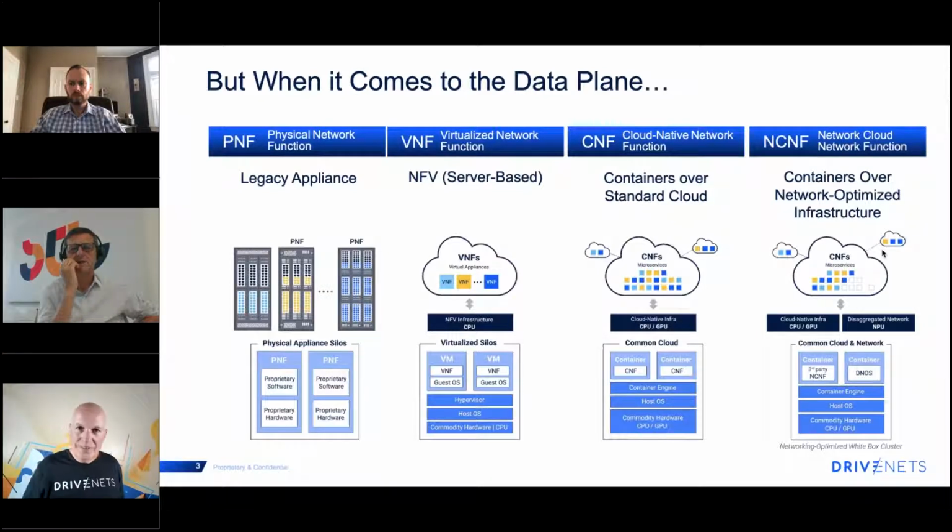When you start to push more and more traffic towards your network functions, you need more and more servers, and this spirals out of control. So VNF failed in that respect.